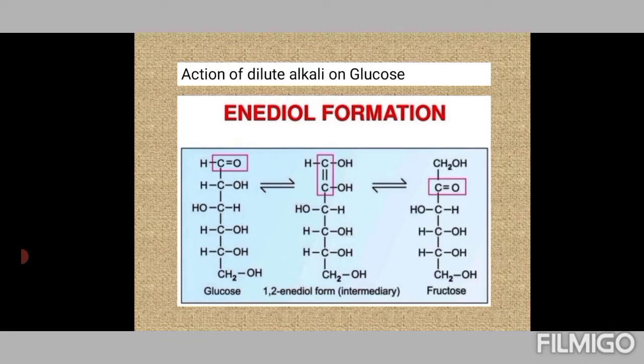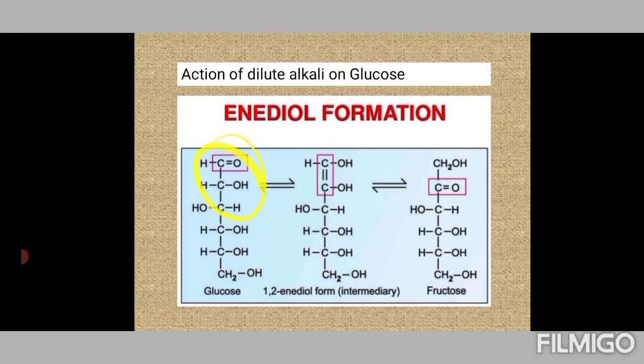I can note here glucose and fructose, which can interconvert through enediol formation. One thing to note is that fructose and other ketoses, with the keto group in them, do not have reducing property, unlike aldoses.